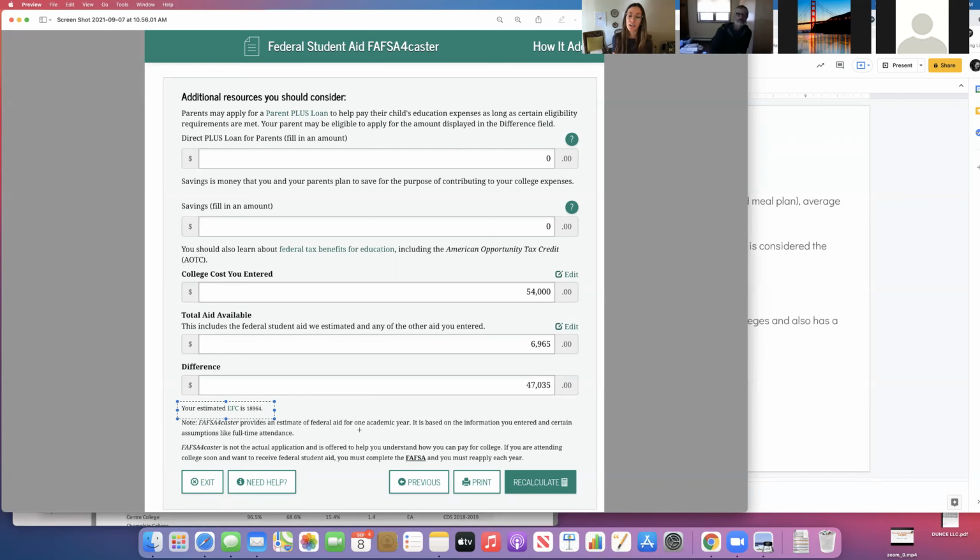This 18,964 is called my estimated family contribution. So if I'm applying to a school that costs $74,000 a year, and that's a school that meets 100% of demonstrated need, and we'll talk more about those schools. There's a batch of colleges in the country that are committed to meeting 100% of demonstrated need. It's a very clean formula.